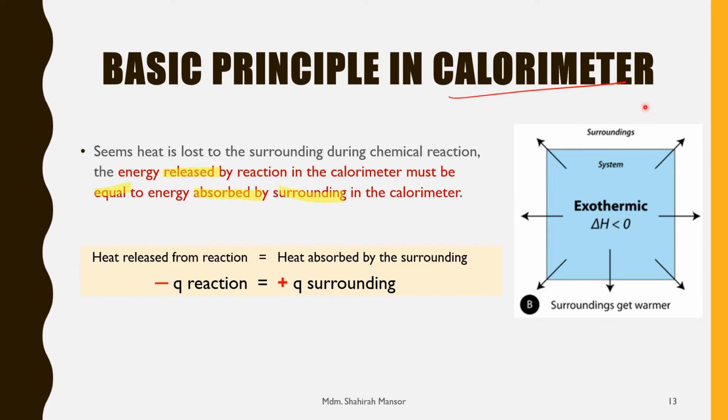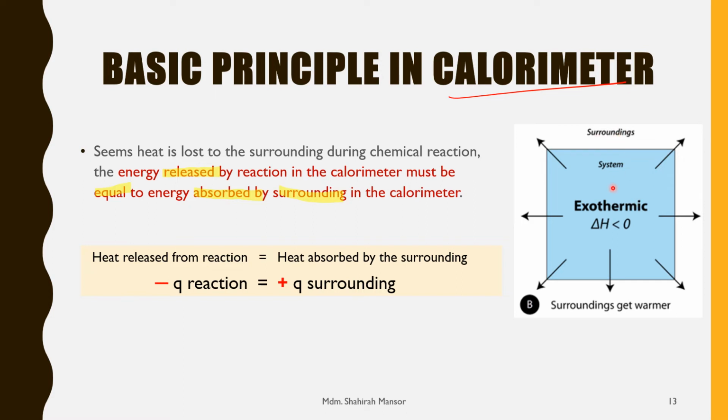So dalam sesuatu calorimeter tersebut, di dalam tempat yang sama tu kita akan ada reaction iaitu sistem dan juga surrounding. Okay, so surrounding ni adalah the one yang selain daripada reactant dan juga produk. Okay, selain daripada chemical reaction lah. So those are the surrounding. So sekiranya sistem ataupun chemical reaction itu membebaskan energy, so energy released from this reaction akan diserap oleh surrounding.